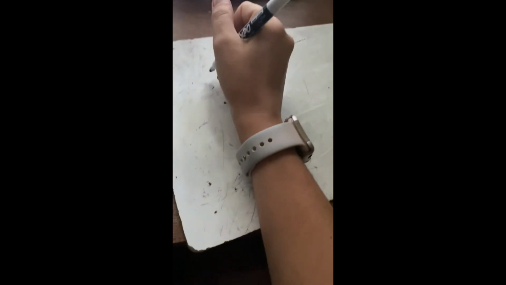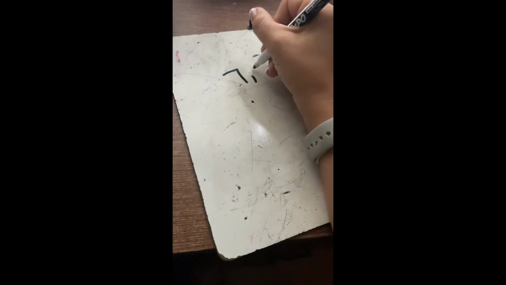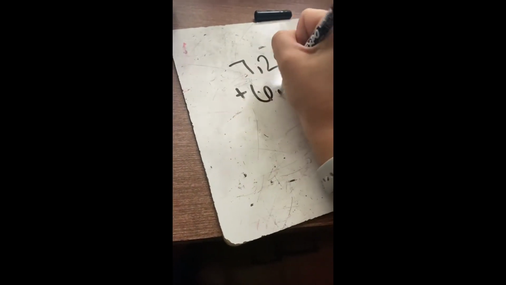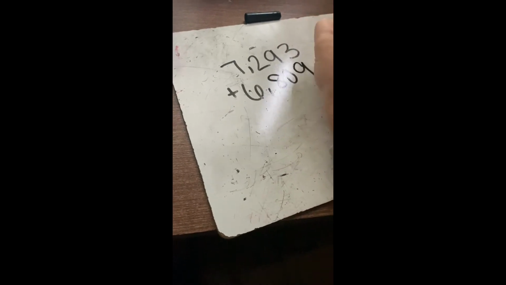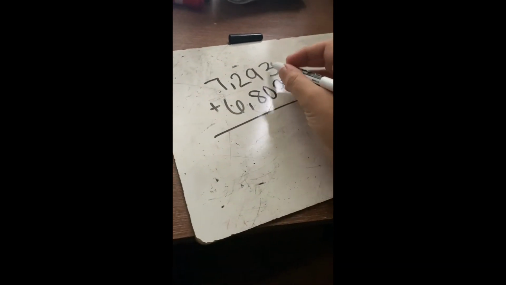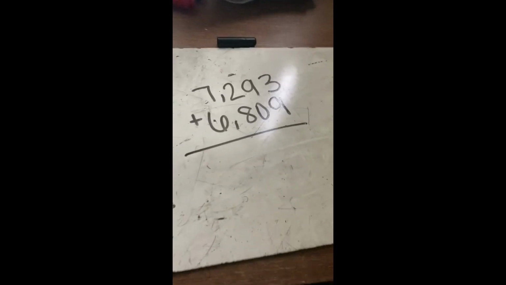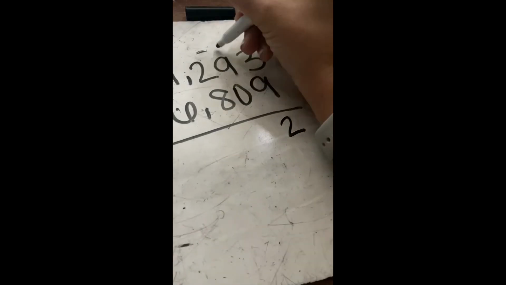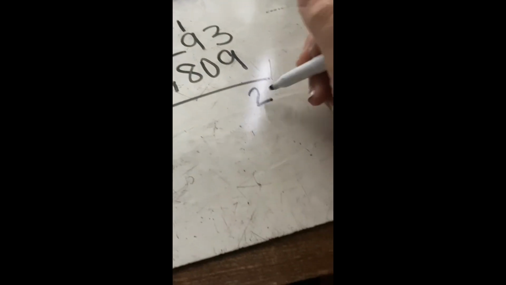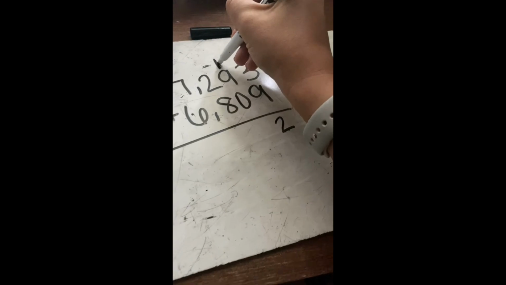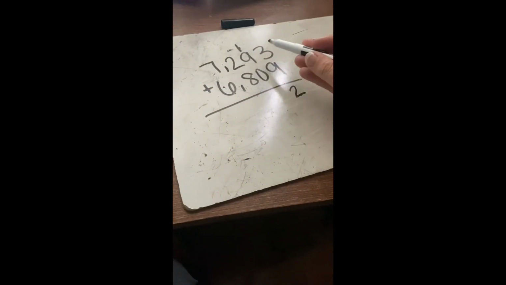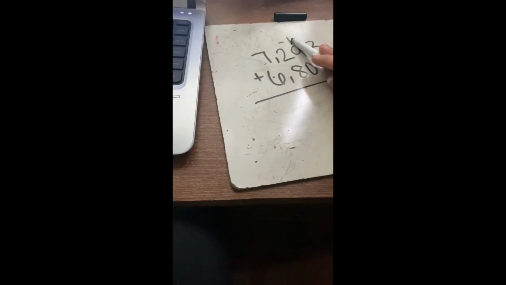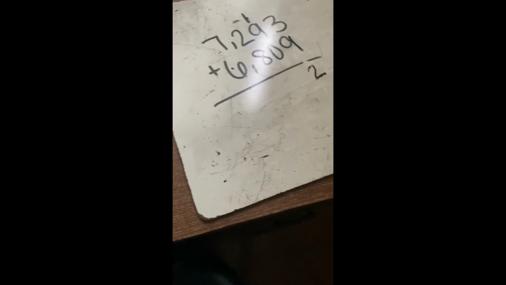So you should have written the equation. All right, and then 3 plus 9. 3 plus 9 is 12. I'm already going to regroup into the tens place because 12 is too big, so the 10 goes up into the tens place. 9 plus 1 is 10, plus 0 is 10.